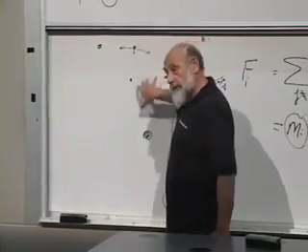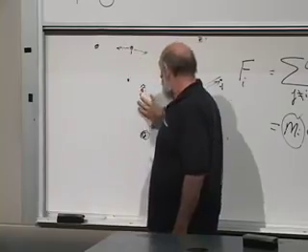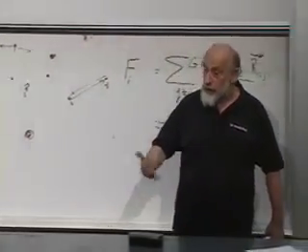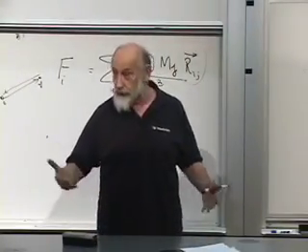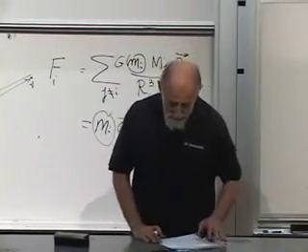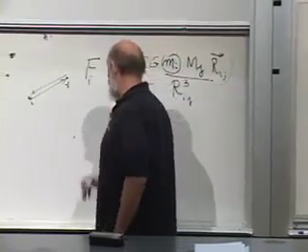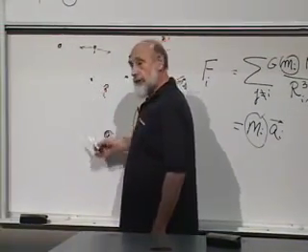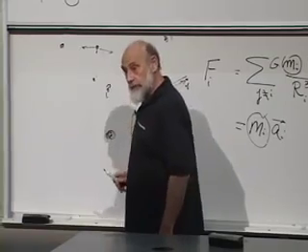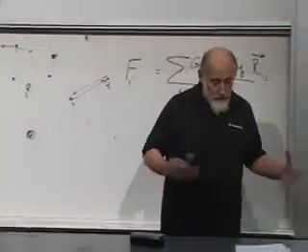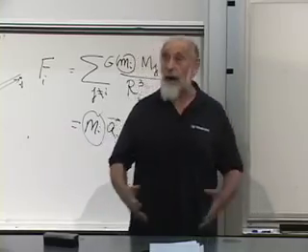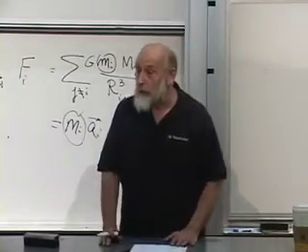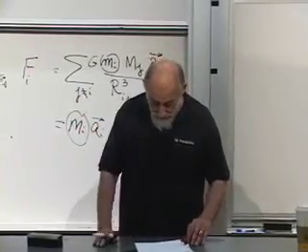Once you let the system evolve, each one will cause a change in motion in the other one, and so it becomes, as you say, a complicated nonlinear mess. But this formula is for if you knew the position and location of every particle, this would be the force. You need to solve some equations to know how the particles move. But if you know where they are, then this is the force on the ith particle.